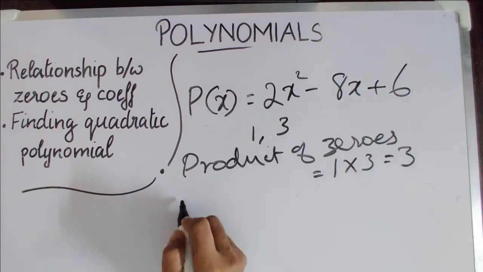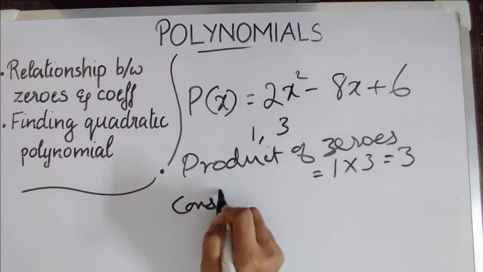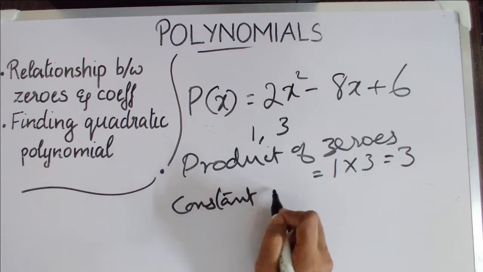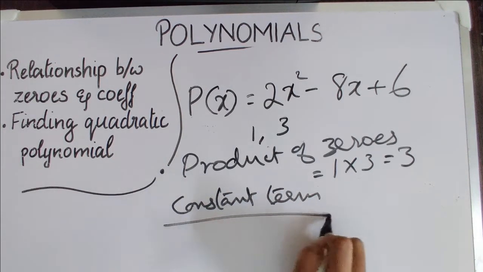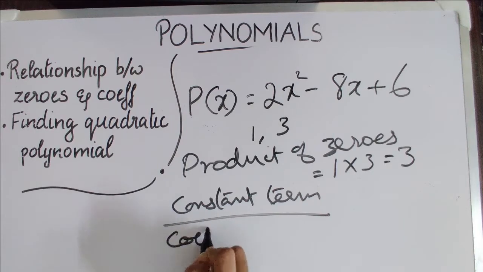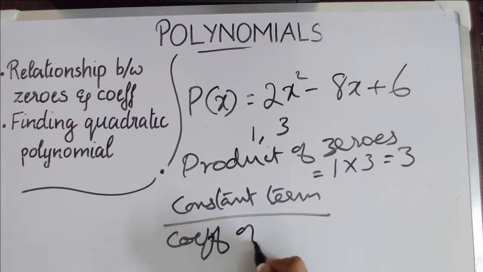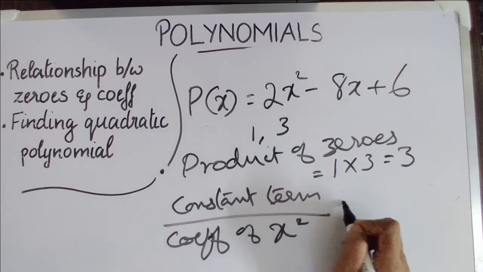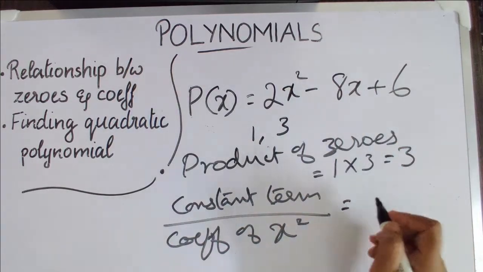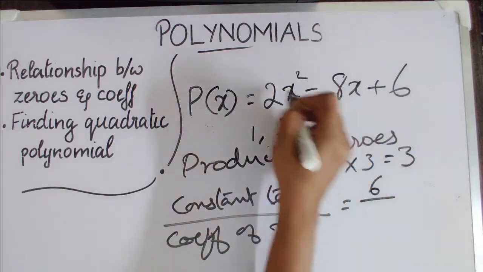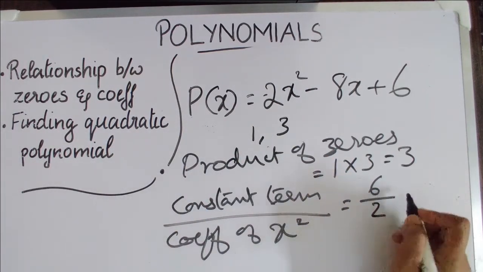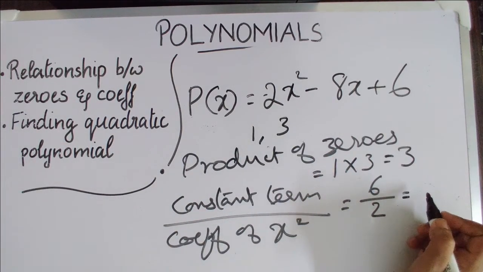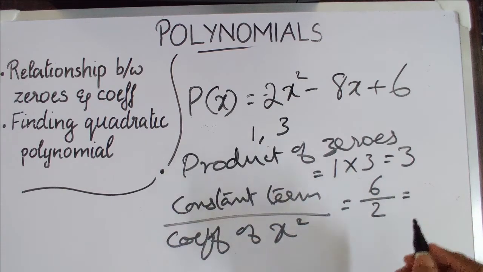Next we check the value of constant term divided by coefficient of x square. Constant term is 6 and coefficient of x square is 2. That is equal to 3.